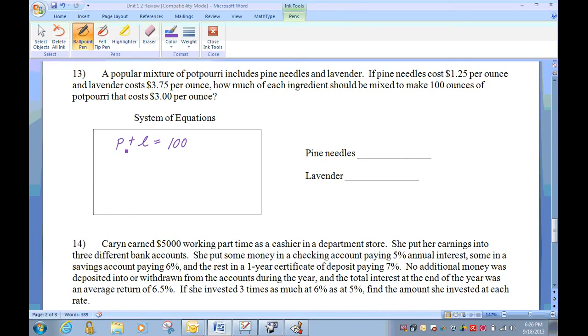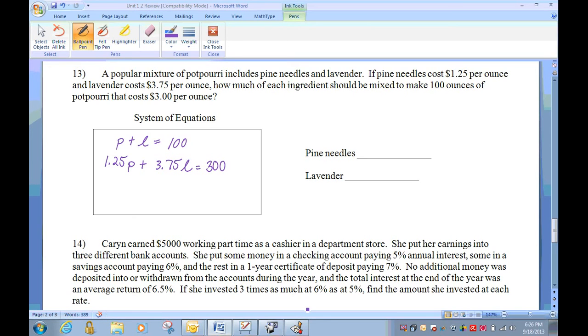So now we need to figure out the cost. So we have $1.25 per ounce of pine needles plus $3.75 per ounce of lavender. And this time it's $3 per ounce, okay? So we're wanting to make, remember, 100 ounces of it. So we have to set the cost equal to $300. So that's what they're wanting to know, how much of each ingredient for it to cost $300.